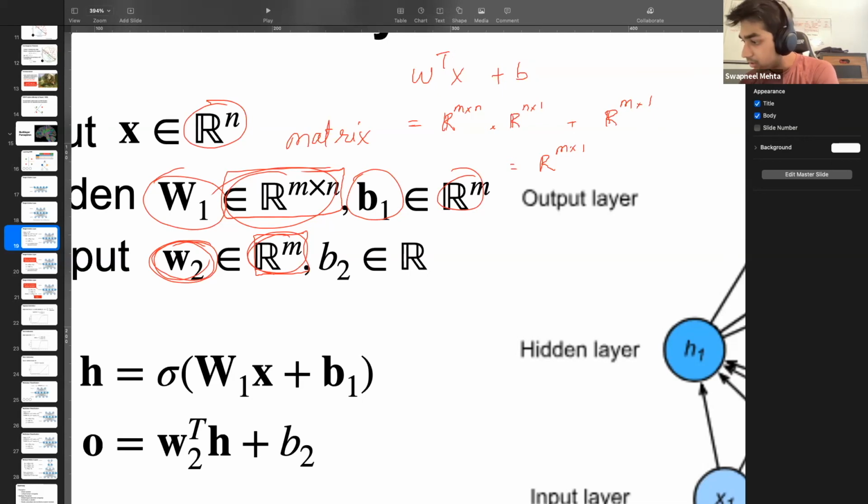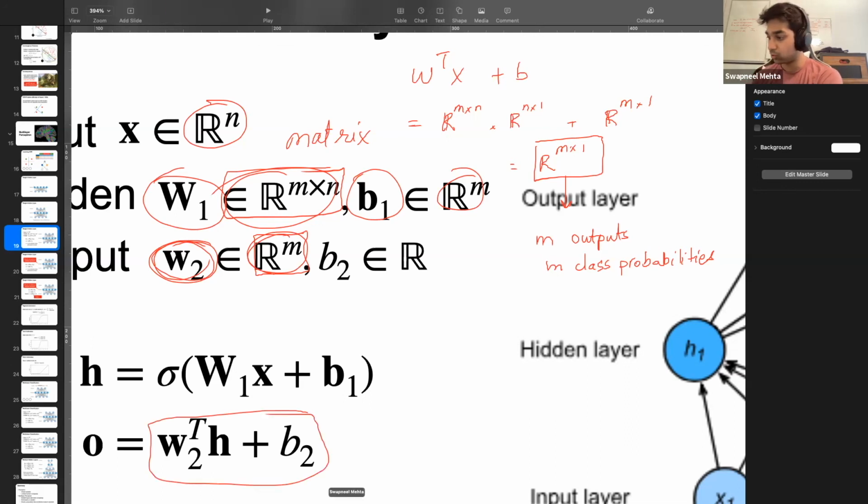So if my output is R^(m×1), this implies that I have m outputs, m classes, probabilities. Does this help make it clearer?